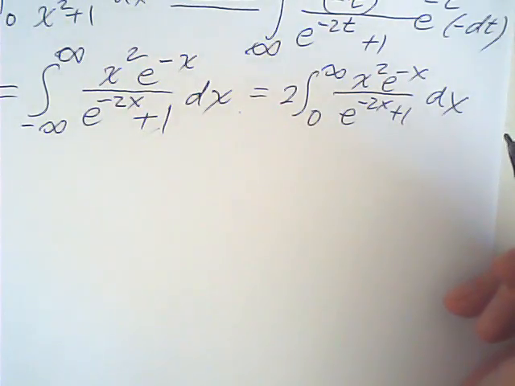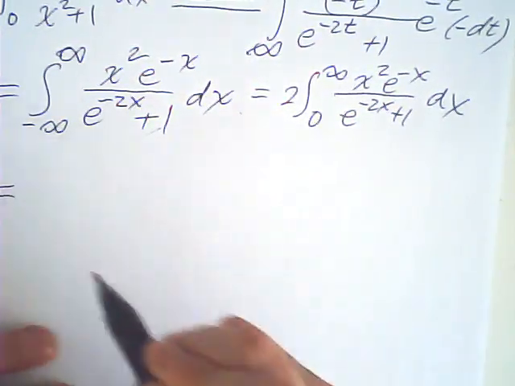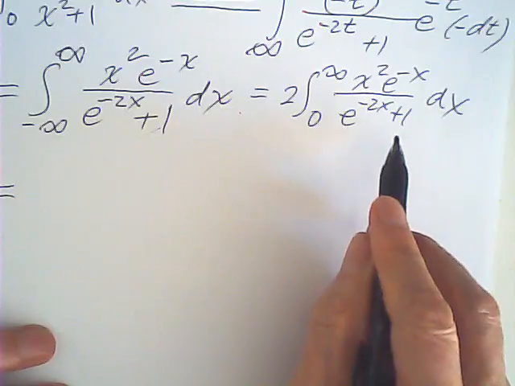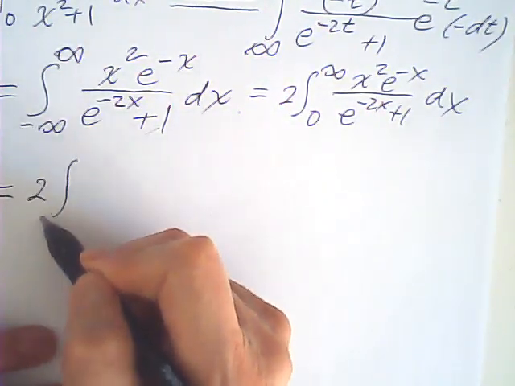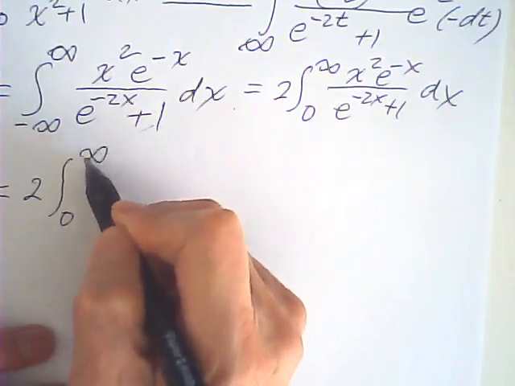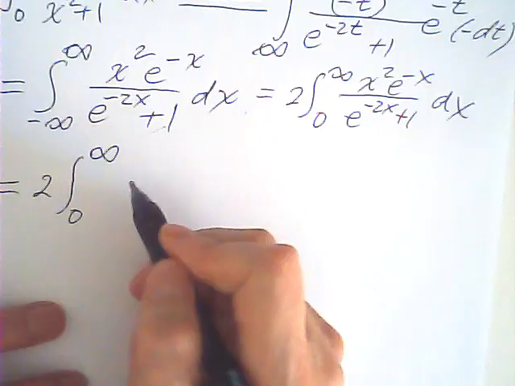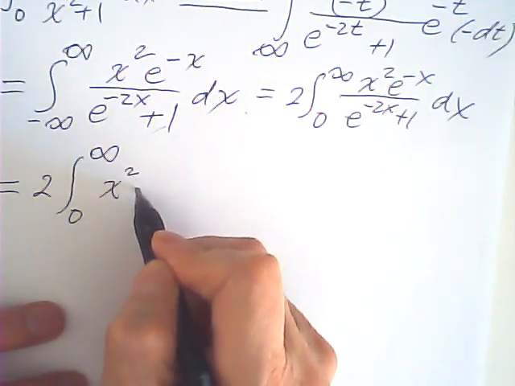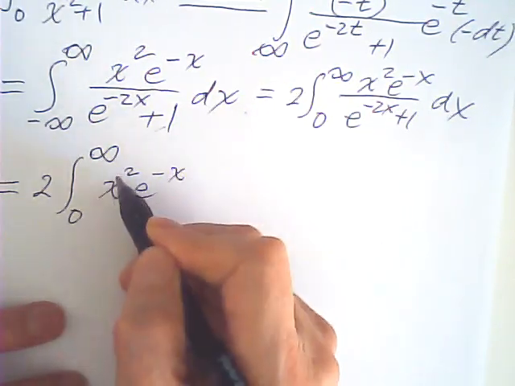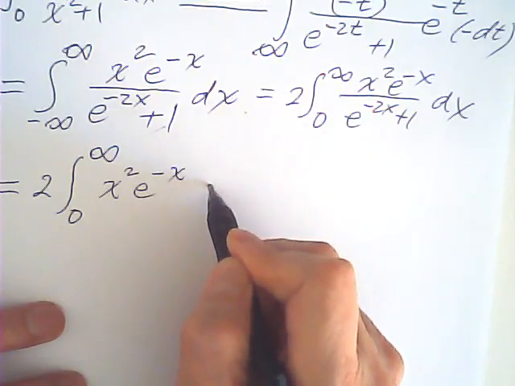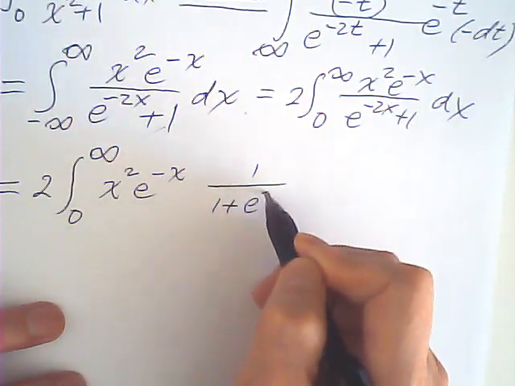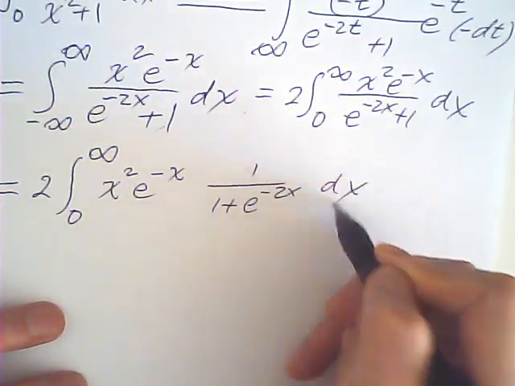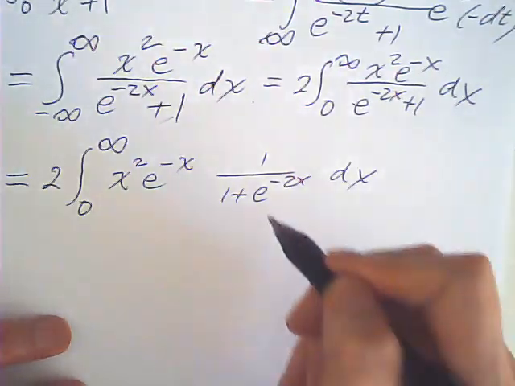And then I'll rewrite this as 2 times the integral of x squared times 1 over 1 plus e to the negative 2x dx. I have to work this out carefully.